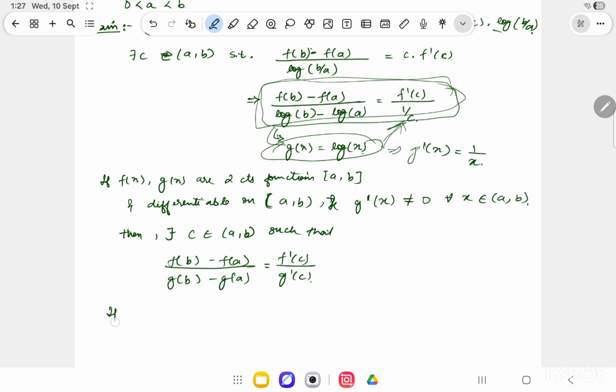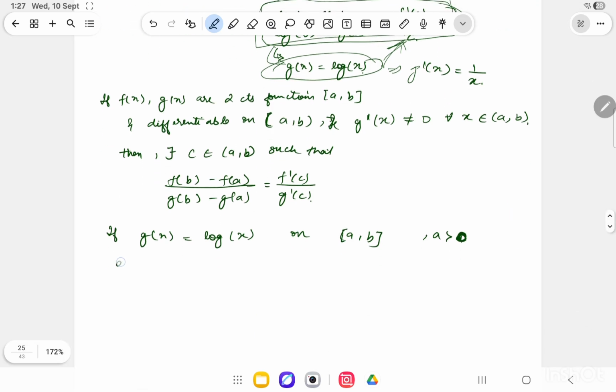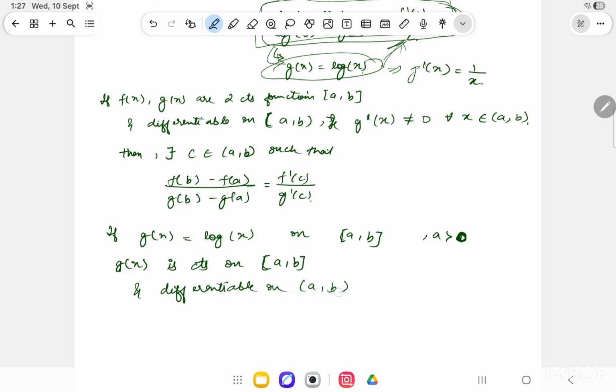So if I assume that g(x) is equal to log x on the interval a comma b, and here in the question itself they have given that a is strictly greater than 0, so my function g(x) is continuous on a comma b and differentiable on the open interval a comma b.